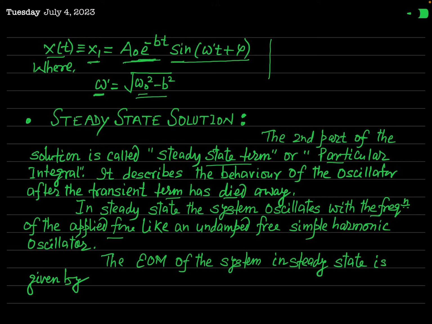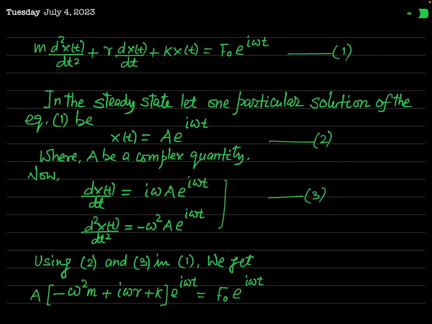You have seen that this equation of motion is given like this. This is m times d2x of t by dt square plus r dx of t by dt plus k times x of t, and that is equal to f naught e to the power i omega t. Actually the force governs the motion of the system.